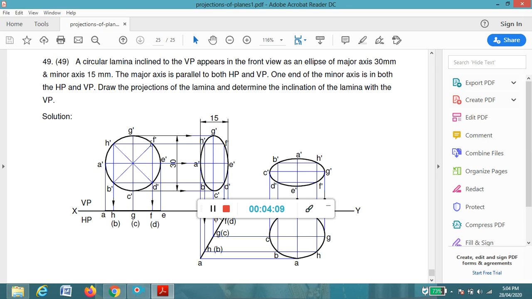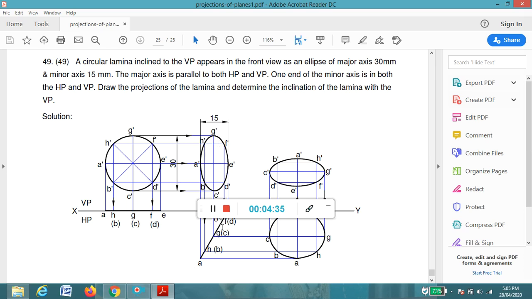You draw the projections towards the right, and this plane is placed at an angle to the VP. In the second position you draw the ellipse of major axis 30 mm and minor axis 15 mm, and then project these 8 points onto this line.